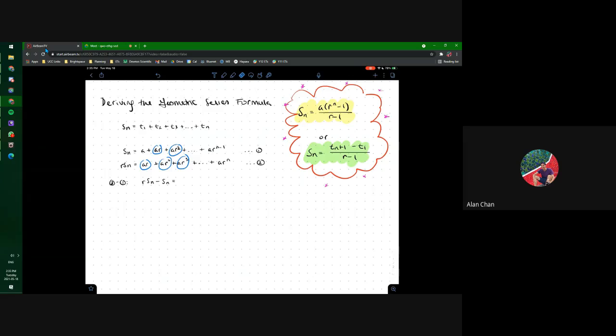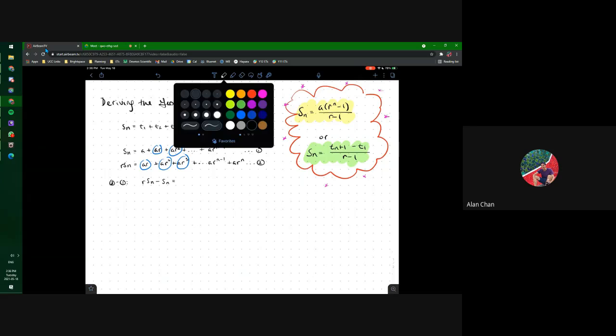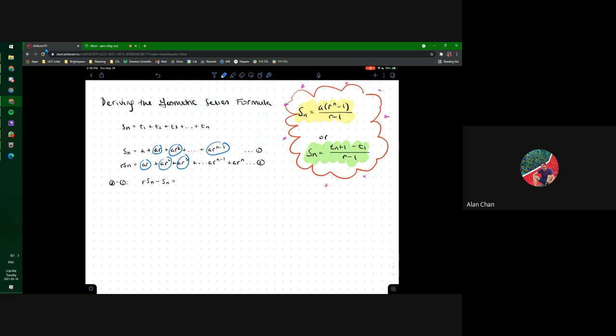If I add our second last term in here, which I probably should have done the entire time, this is going to be ar to the n minus 1 plus ar to the n. So again, this is just the previous term, which of course used to be ar to the n minus 2, but we multiply everything by r, so it's ar to the n minus 1 now. So again, these will cancel out as well.